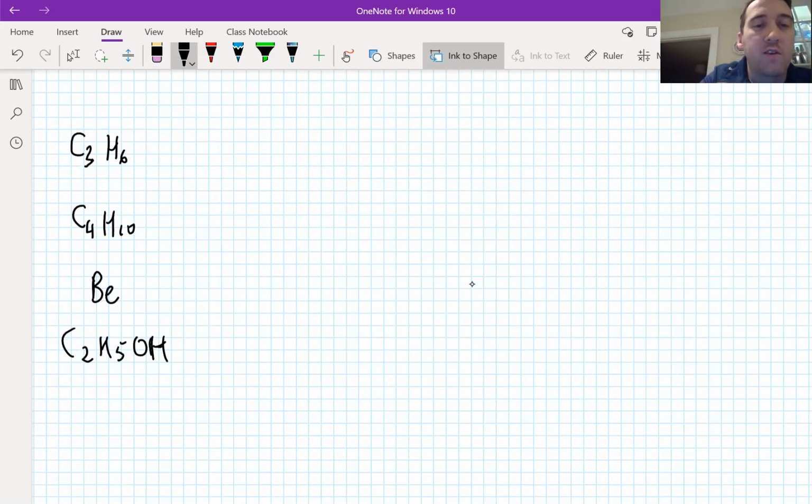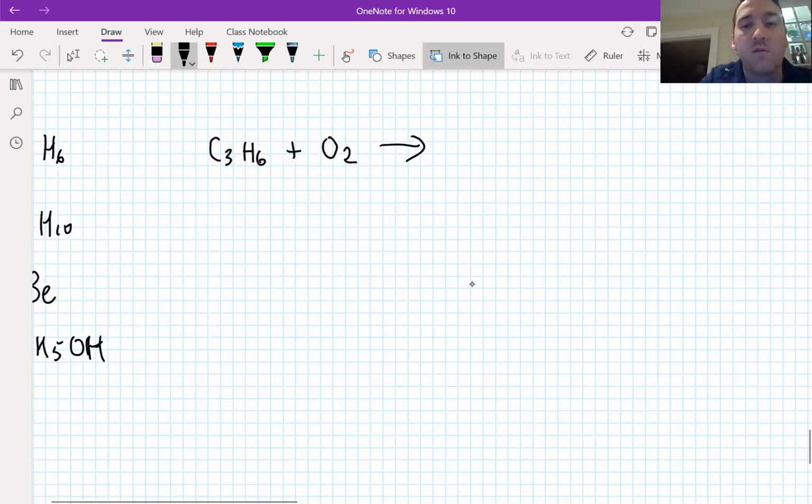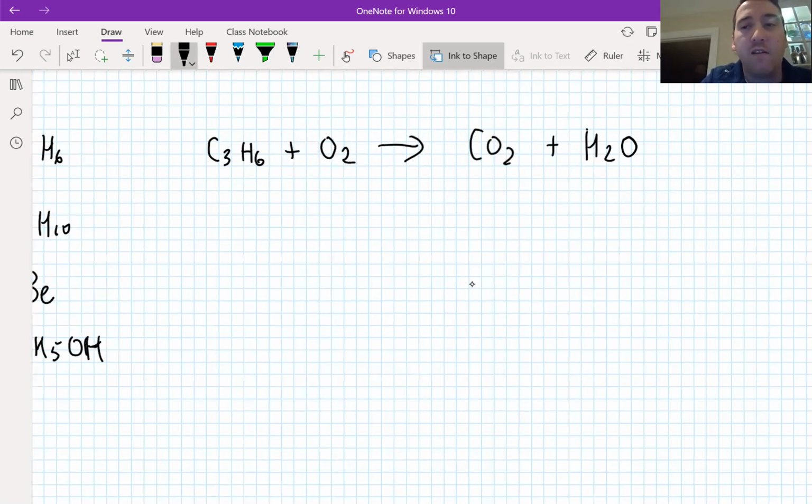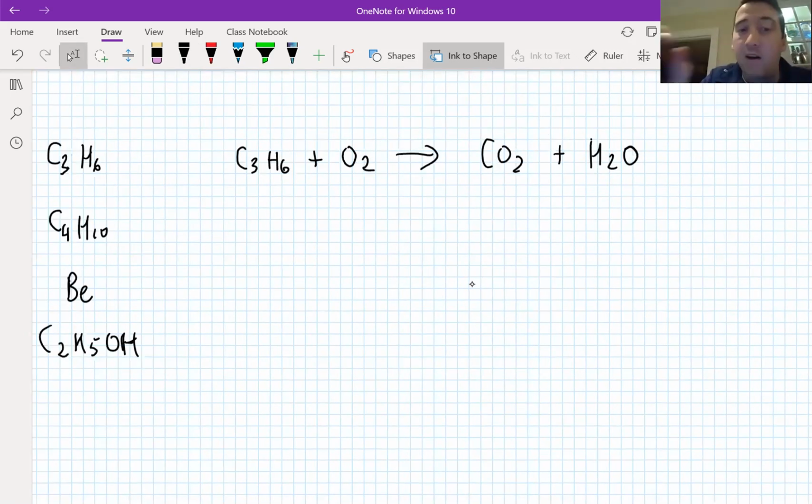Okay, so this is what you should have now. You should have done this for the first one, C3H6. You should have combined it with oxygen as the other reactant, O2. And you should have produced CO2 plus H2O because it's a carbon-based fuel. All right, then you need to balance it. So it's not balanced at the moment. So there's 3 carbons here. You need 3 here.